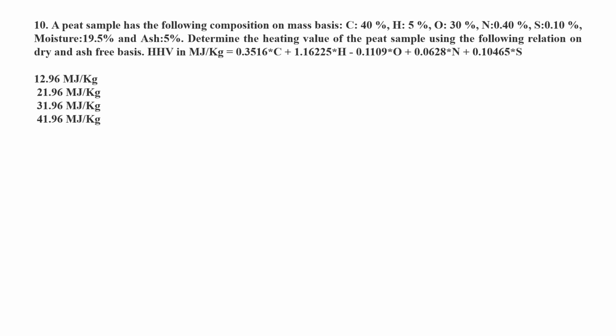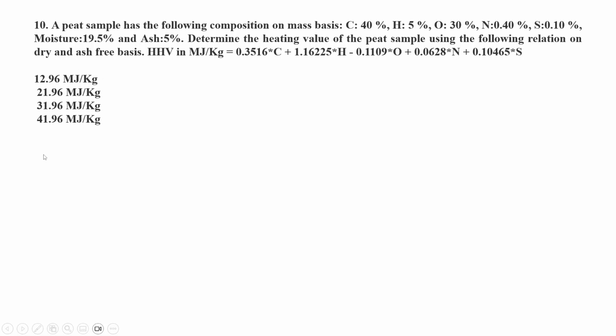Okay, then let me start with this question. A peat sample has the following composition on mass basis: carbon 40%, hydrogen 5%, oxygen 30%, nitrogen 0.40%, sulfur 0.10%, moisture 19.5% and ash 5%. Determine the heating value of the peat sample using the following relation on dry and ash free basis.